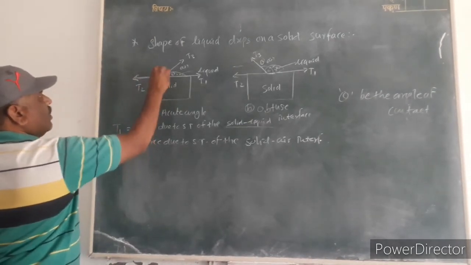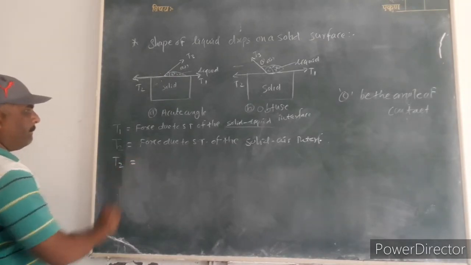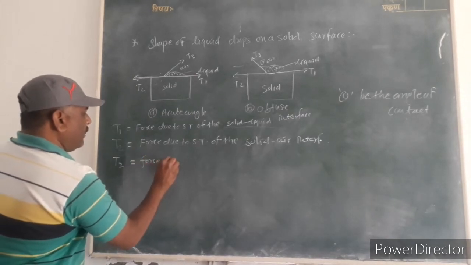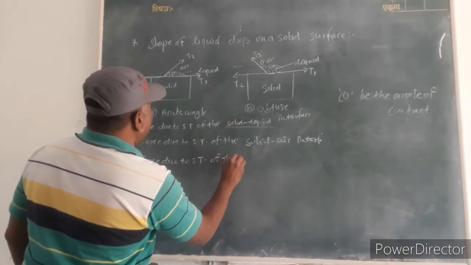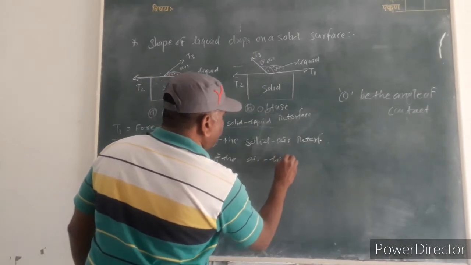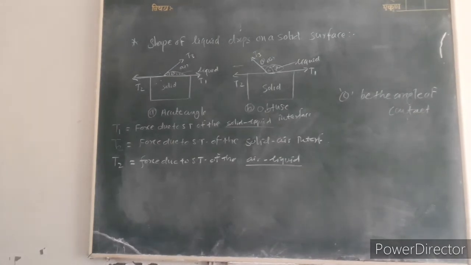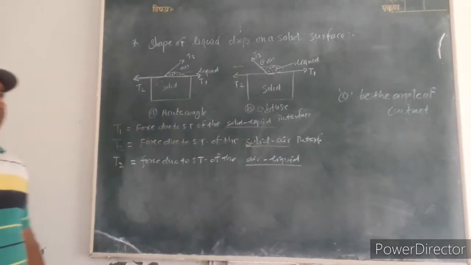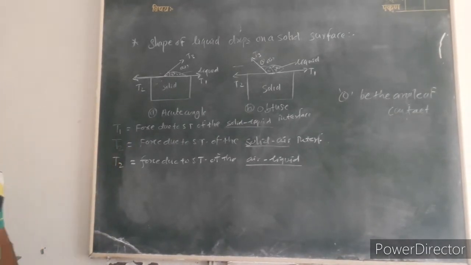This T2 is the solid-air interface, and T3 is the force due to surface tension of the air-liquid interface. Solid-liquid, solid-air and air-liquid interface. These are the components T1, T2 and T3.